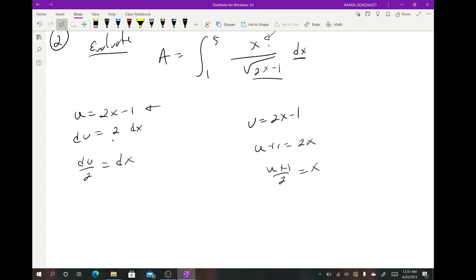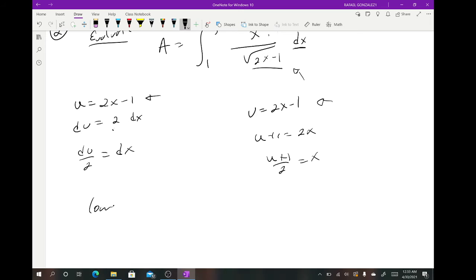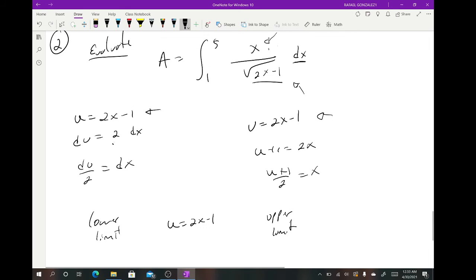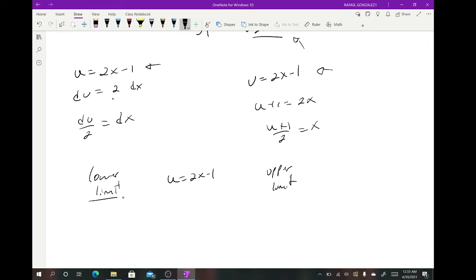Because I'm using a substitution, and by the change of variable rule, if I want to simply use u instead of this mammoth of a thing, I have to rewrite the limits of integration. So let's do that. I could use this equation up here to rewrite the limits of integration. So the lower limit I'm going to write here, and the upper limit here. And remember, u is equal to 2x minus 1. So my lower limit is 1, the upper limit is 5. So what do we have?